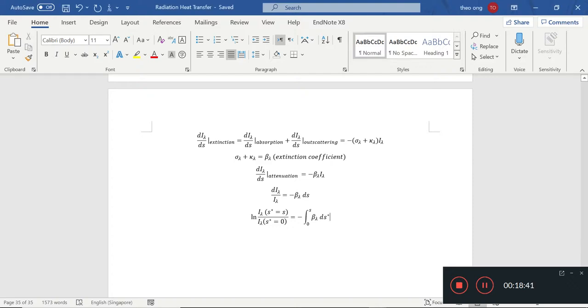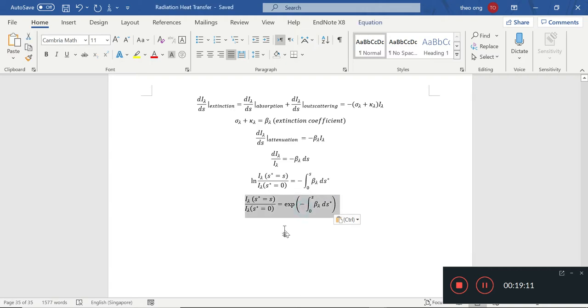Okay, let's just do an exponential on both sides. I'm going to copy and paste this here. We're going to take the exponential on both sides and get rid of the logarithm. So, the exponential of whatever's in this bracket, and I'm going to shift this initial bit over.